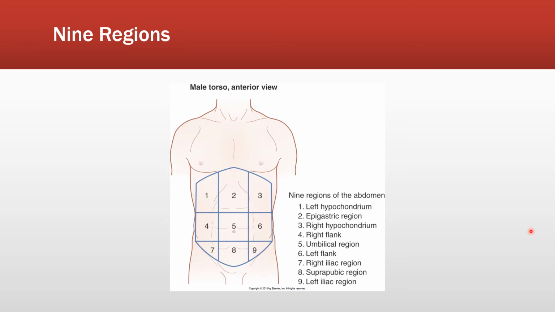For an example, an organ located in the inguinal area is going to be either in the right or left iliac region. Organs in the rib area will be in the right or left hypochondriac regions. Okay, so that is a good thing to review and familiarize yourself with. That will help you in future endeavors as far as surgery is concerned.